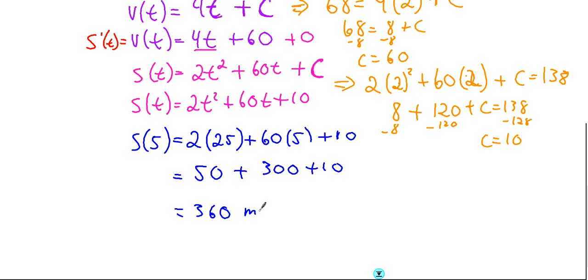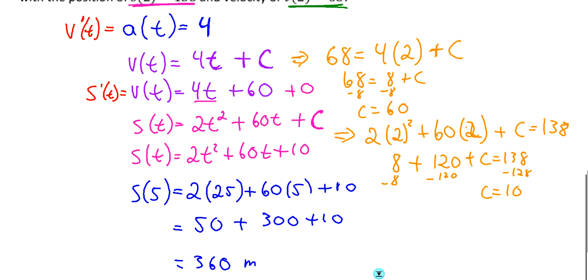So basically what we just did here is we actually found the antiderivative. We went the other way. We said, okay, well, we know what the derivative is here. We know this is the derivative of velocity, so we went back to the original one by what's called taking the antiderivative.